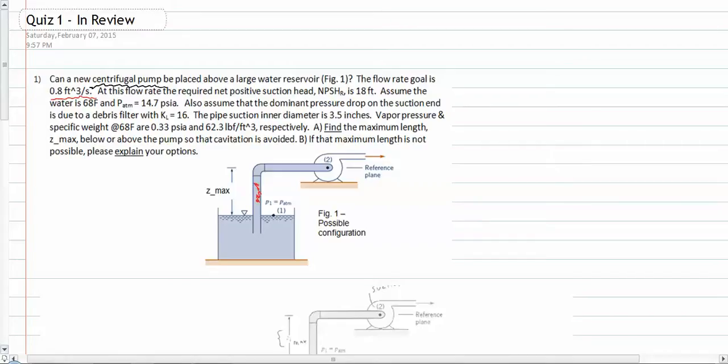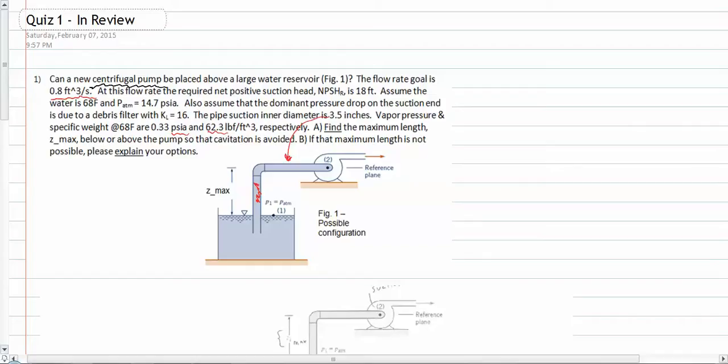The pipe suction diameter is fixed, so that size of diameter is known, and then the vapor pressure and specific weight are 0.33 psia and 62.3 pound-force per foot cube respectively.